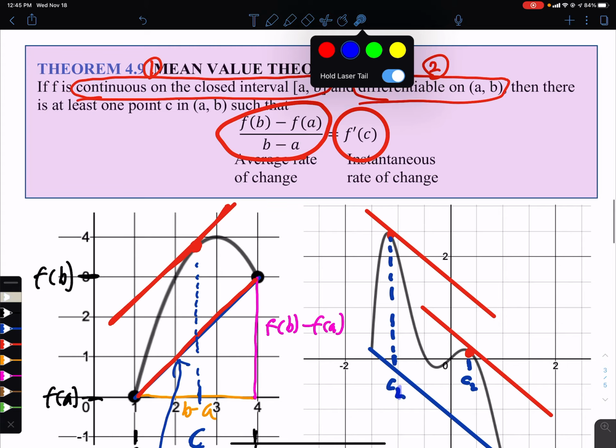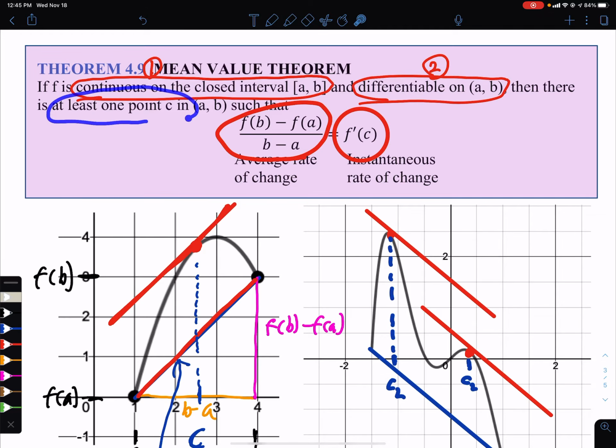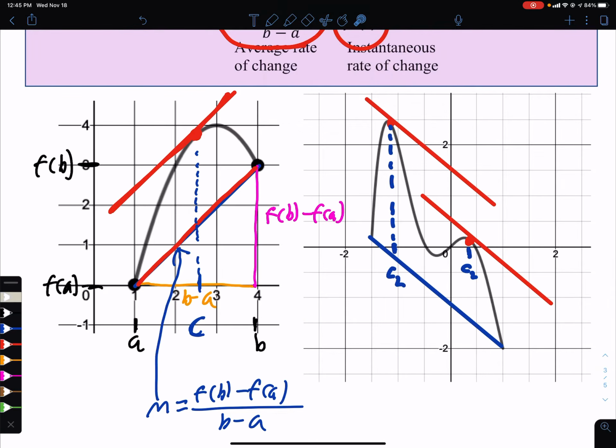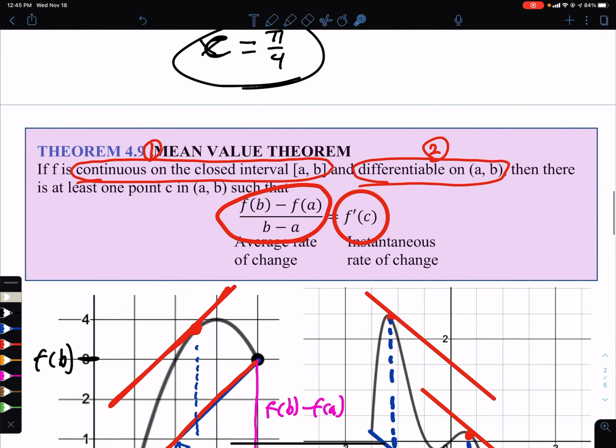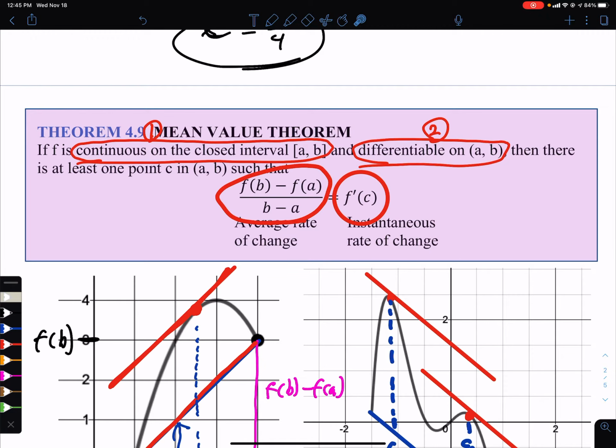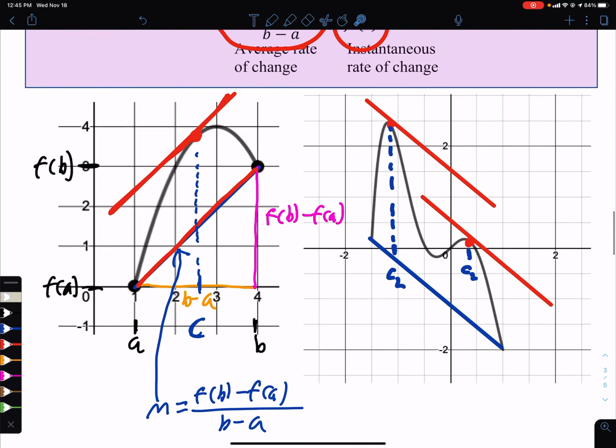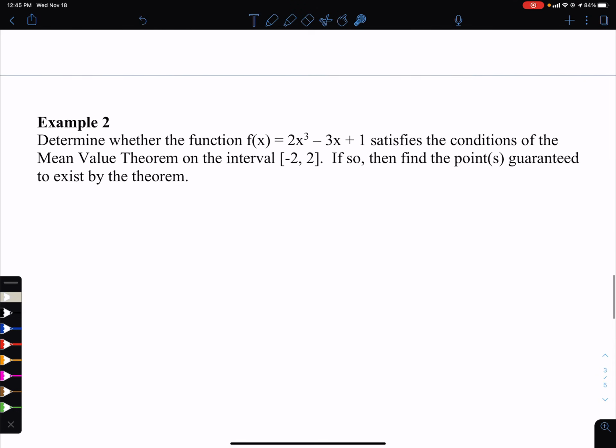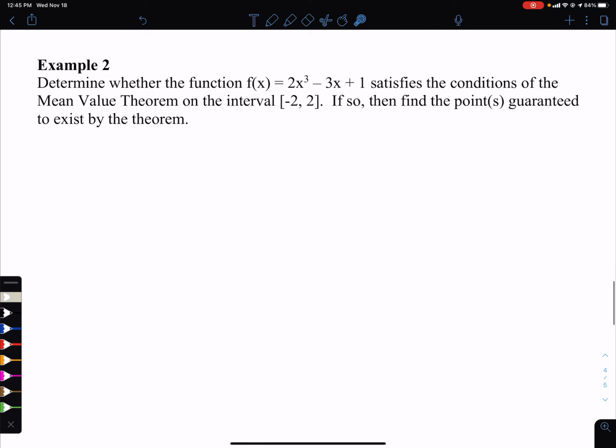So here's why it says there's at least one point C, meaning one or more. In this case, we can see there were 2 points where the slope of the tangent line equaled the slope of the secant line. So there you go. That is mean value theorem. Very powerful in application, and we're going to give you an example of that coming up shortly. So first example, we want to show that this meets the conditions of the mean value theorem. So condition 1 said that it must be, what was it?